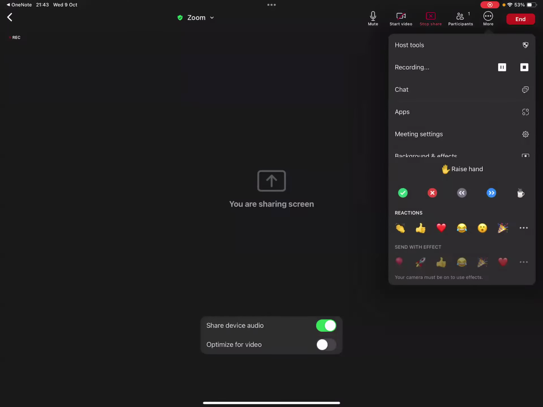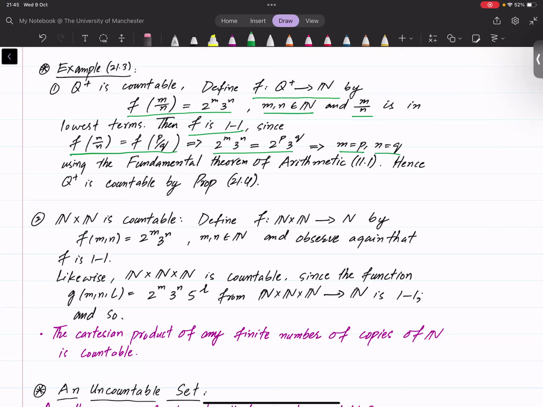This means m is p, n is q. Now, using the fundamental theorem of arithmetic 11.1, we say that Q plus is countable by proposition 21.4. So we have just found a more efficient way of showing sets are countable.